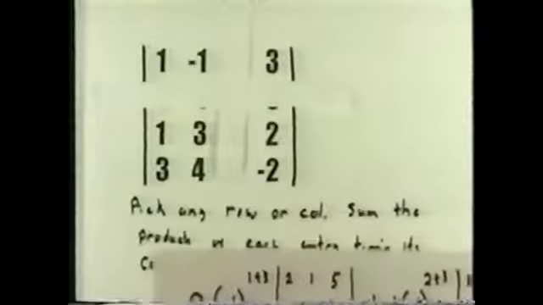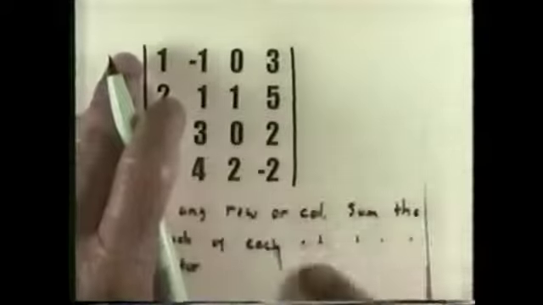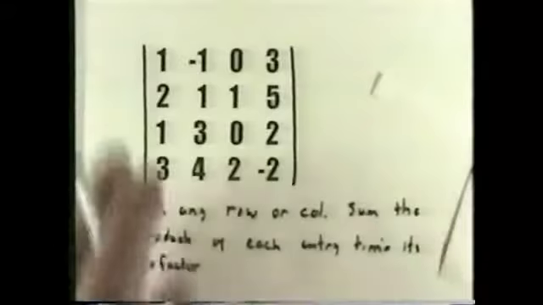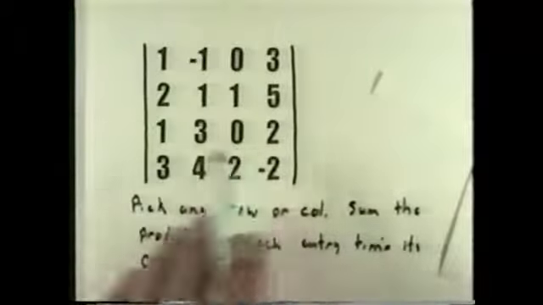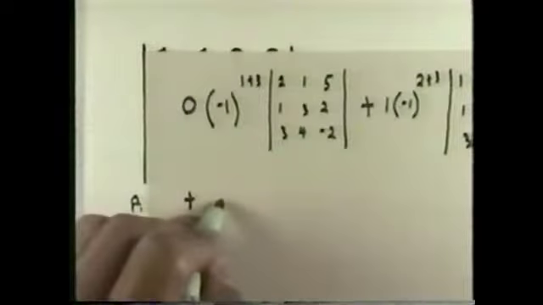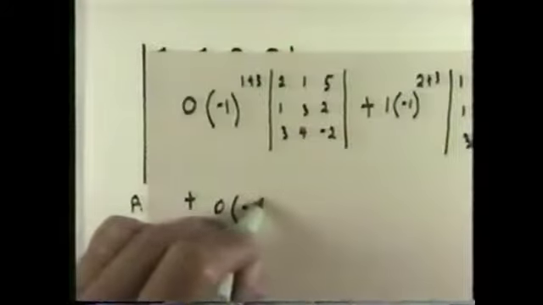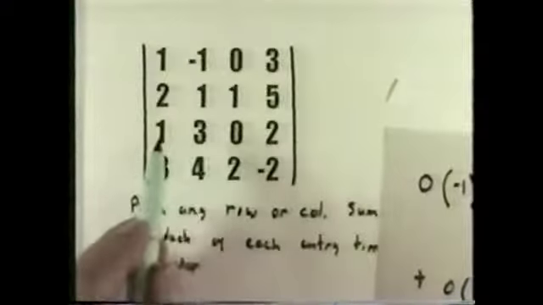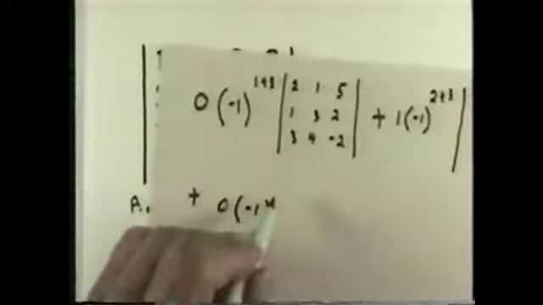Okay, plus now I'm going to the next entry, which is 0 times (-1), and that's going to be row 3, column 3.